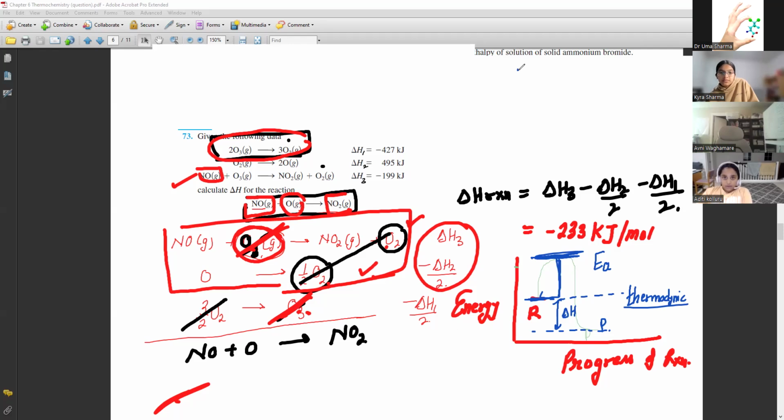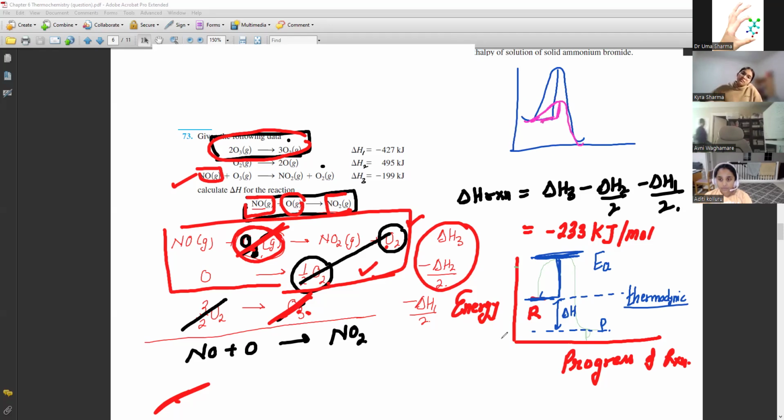Okay, check here. This is a reaction, and this is the activation energy of this reaction. And this is another reaction, and this is the activation energy of the other reaction. Which reaction is faster? The one with less activation energy. So write down, this is activation energy.